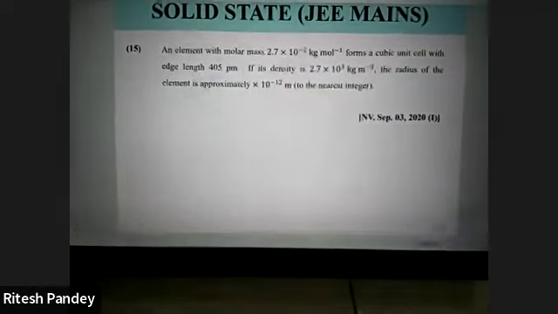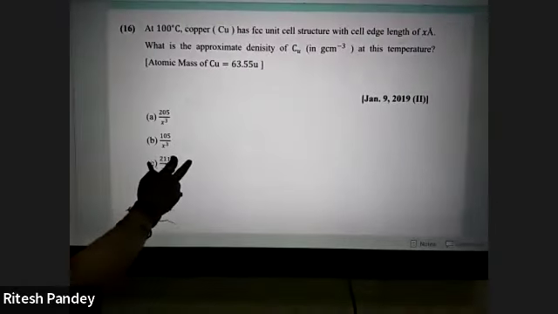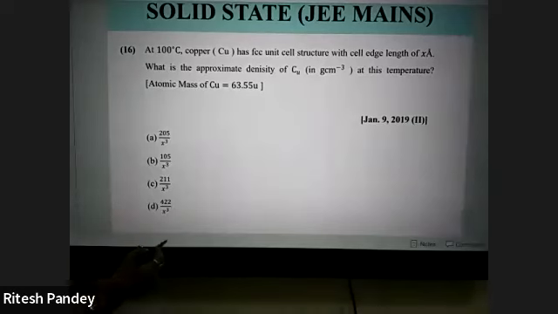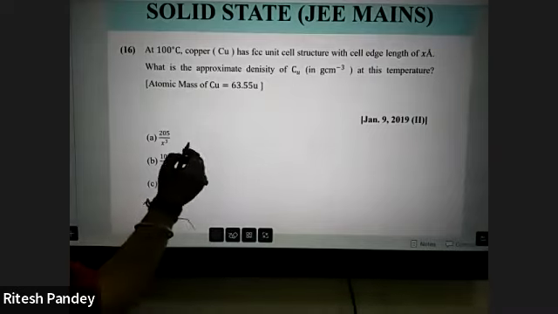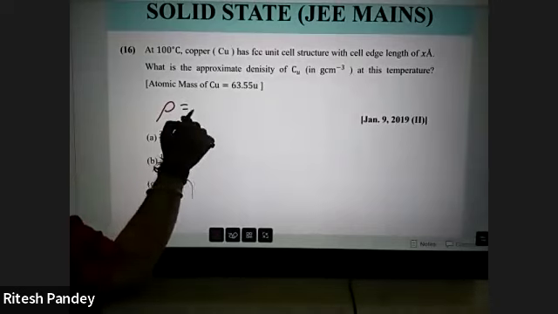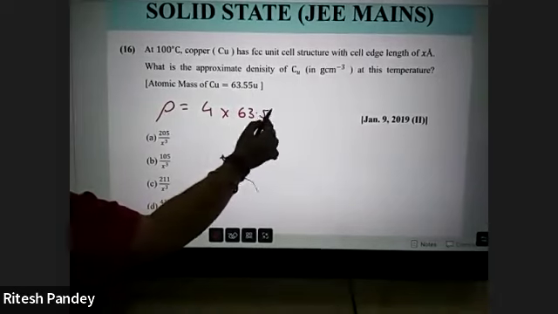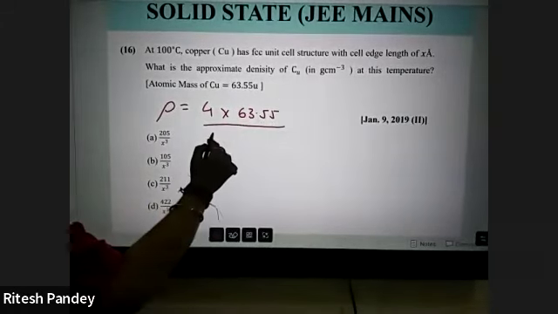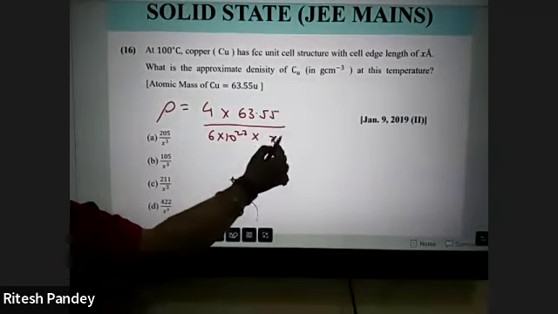Question 16. Option D. 16 is a problem which is more like an ideal problem where a bit of calculation and a little bit of approximation and density could be found out. Density in this case is going to be, the effective Z with FCC is 4, into 63.55, which is the value given, upon Avogadro number, 6 into 10 to the power 23, and a cube is X cube.